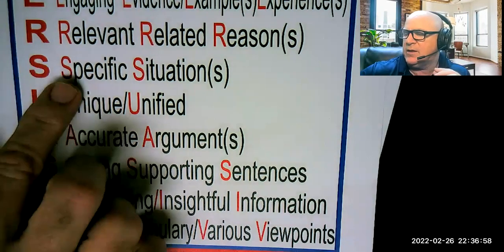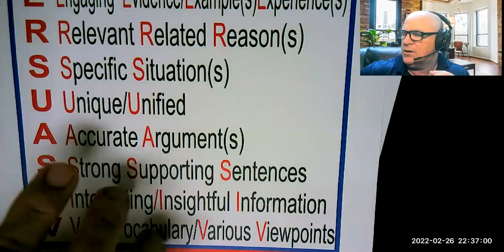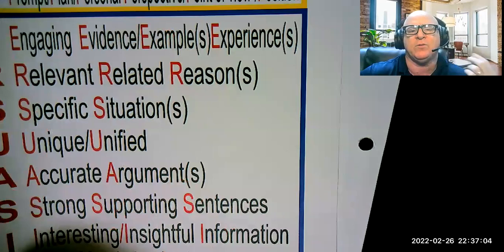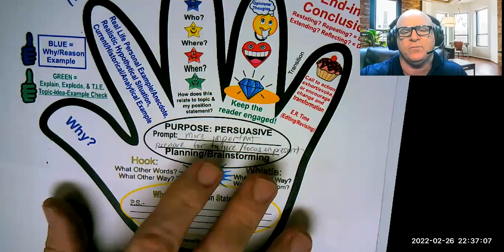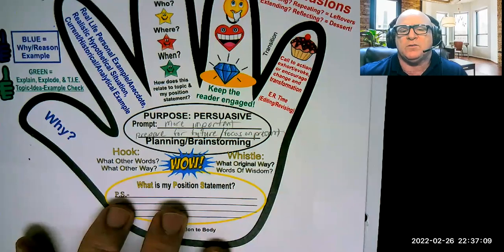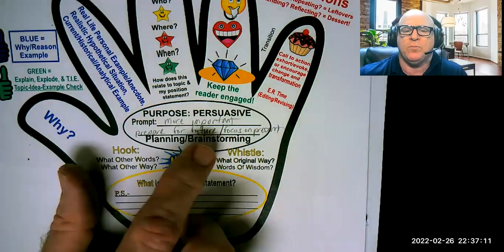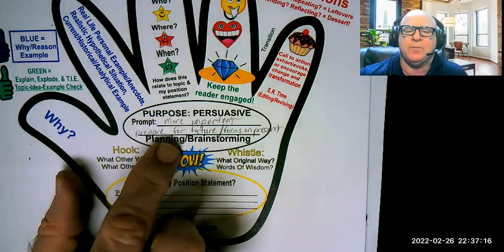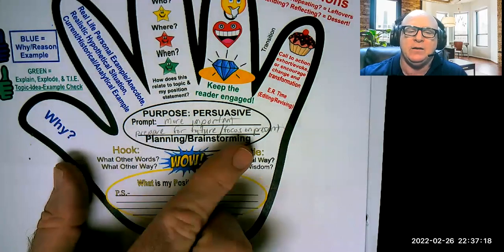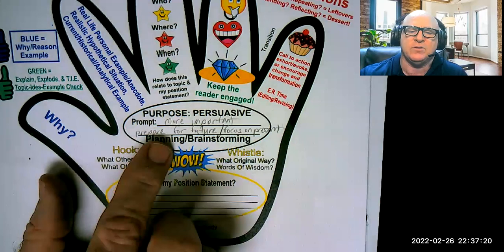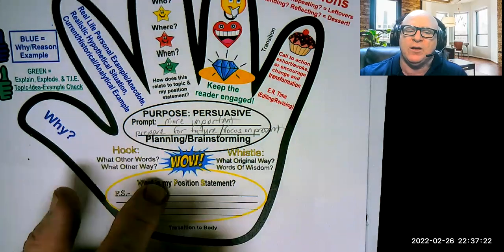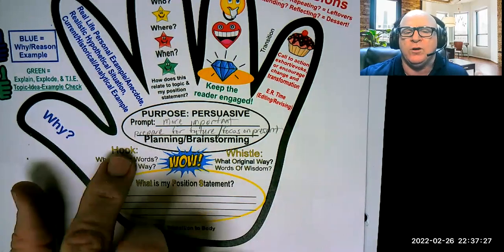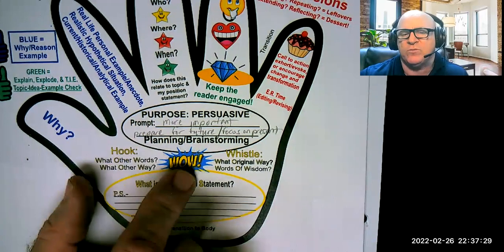And the other quick thing, like I mentioned, is how do I make this connection in a different way, because we want to differentiate our instruction. What's your purpose? It's persuasive. The prompt: was it more important to prepare for the future or focus on the present? Did you make a plan? Once you make a plan, then you can have a position statement. Do you want to have a hook? Have a wow beginning. What other words could I use besides the exact words of the prompt?